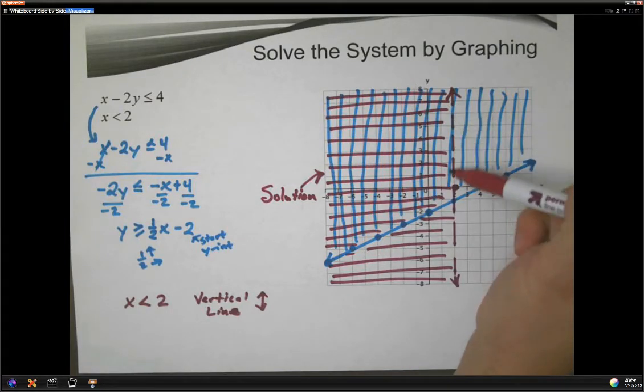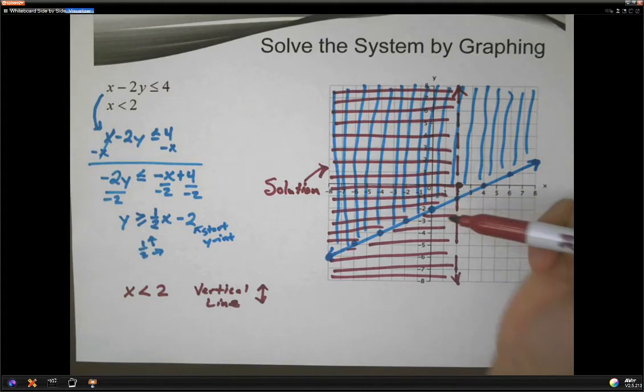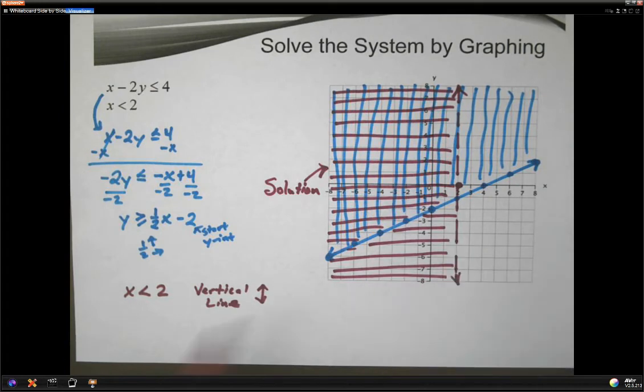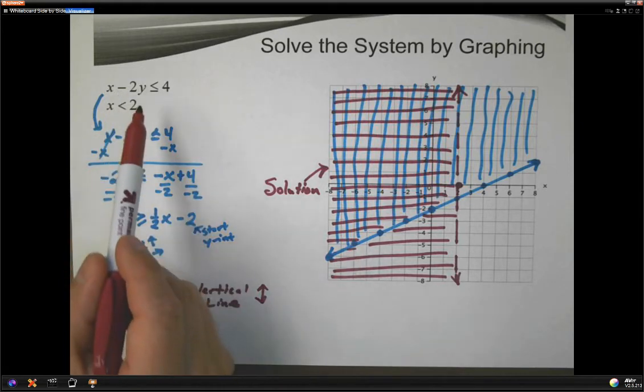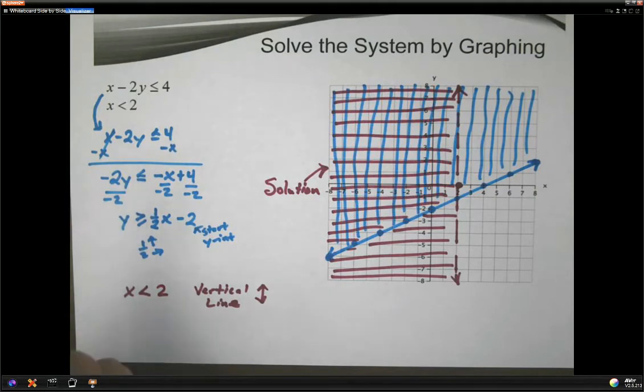These points right here would not work because they are not on a solid line. So just keep that in mind for those lines and how they work with our solutions. You can always test it out by picking a point and plugging it in. And remember, the point must work for both of the inequalities, not just one, but both of them. So that's another way you can test to see if you have the correct solution area.